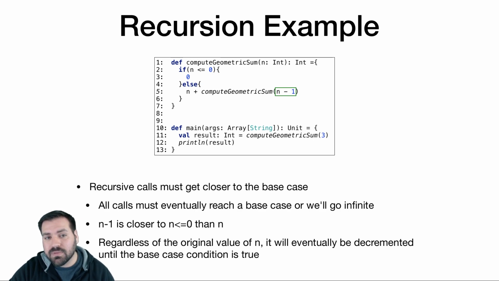When I make a recursive call that reaches the base case, my assumption is trivially correct. Compute geometric sum of 0. That call is going to hit the base case, return 0, and my assumption is true. This did, in fact, return the correct value. Compute geometric sum of 0 gave me the right answer. 0 plus 0 is 0.